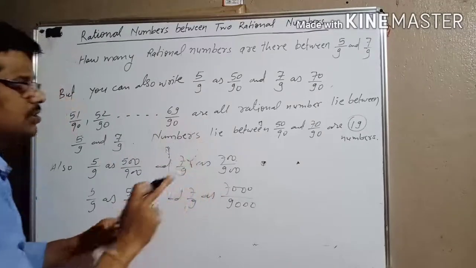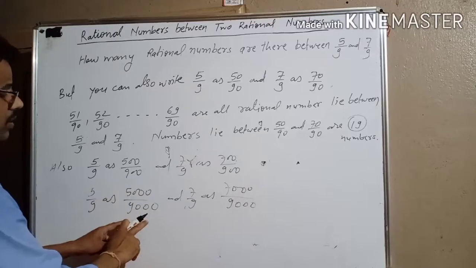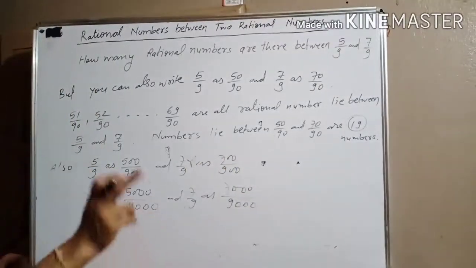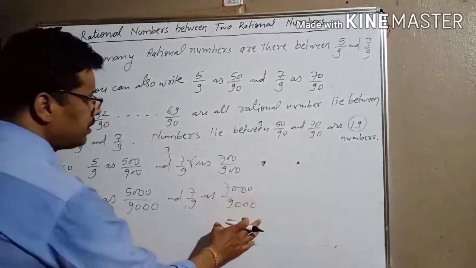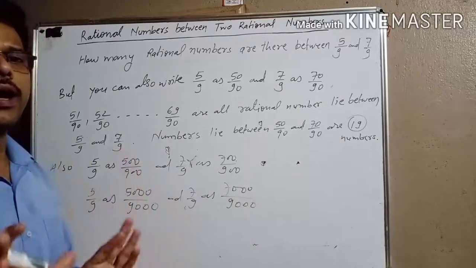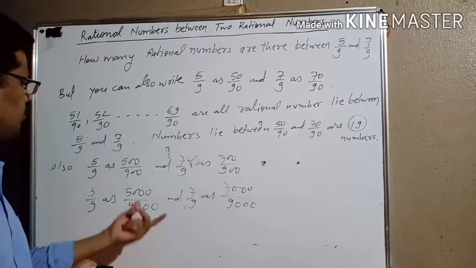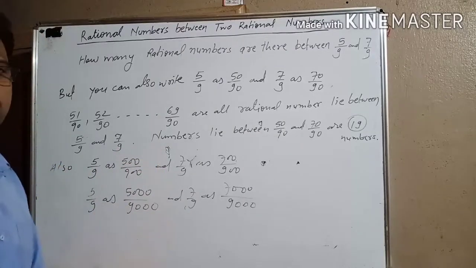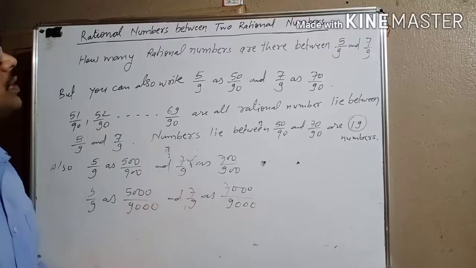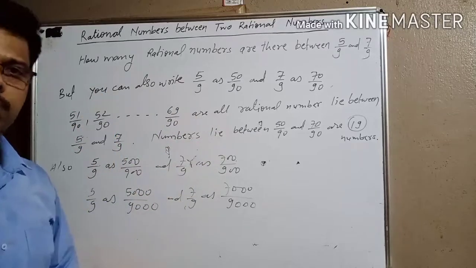So you can say that 1999 numbers will lie here. So as many rational numbers as you want to find, you can find with the help of this method. Correct? This method we will use to find out the rational numbers between any given two rational numbers.